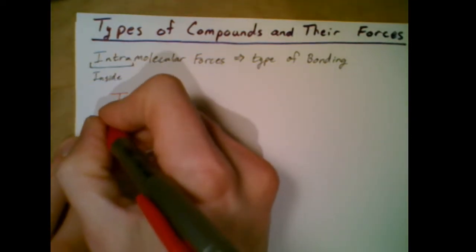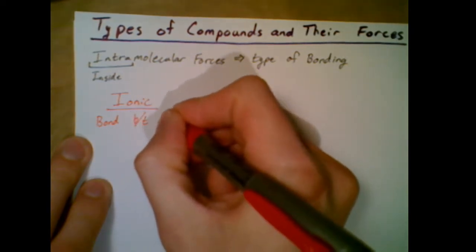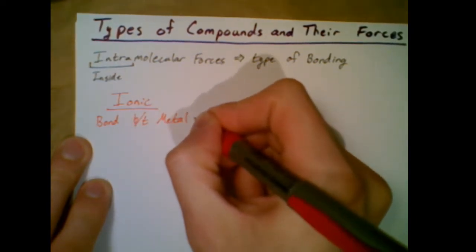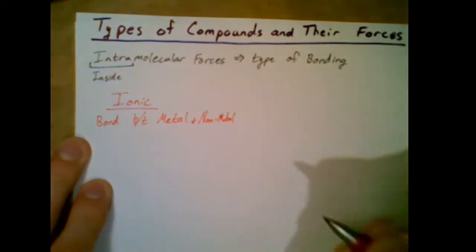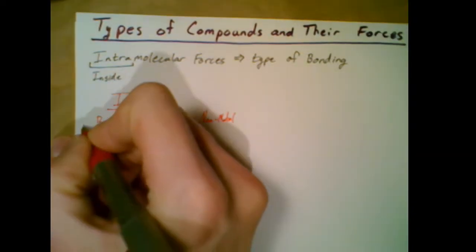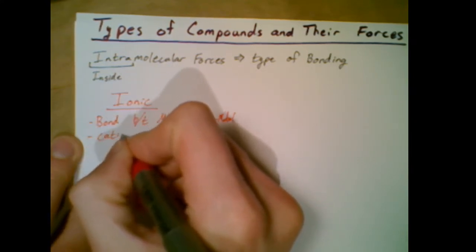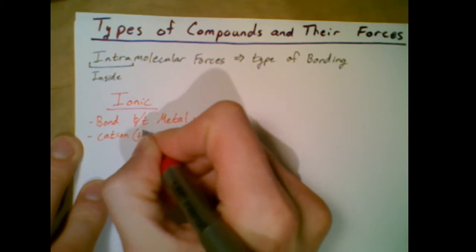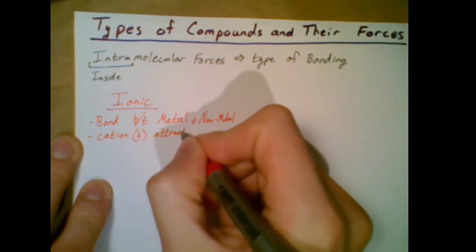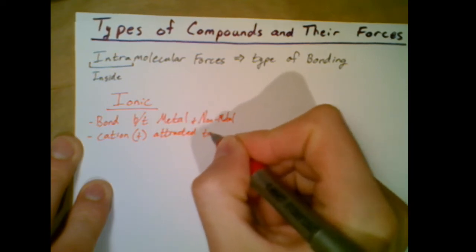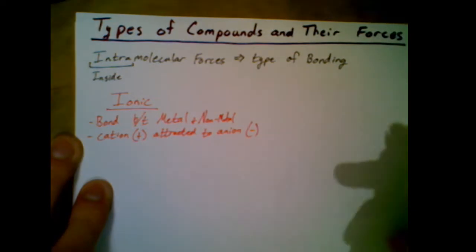It is a bond between a metal and a non-metal. An ionic bond is when you have a cation, something that's positive, attracted to an anion, something negative.